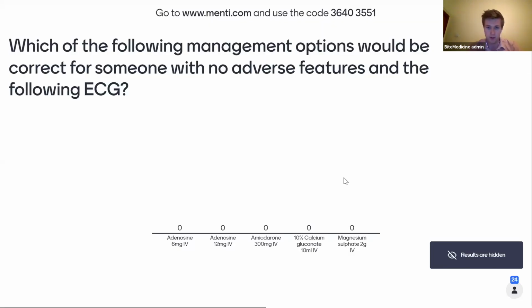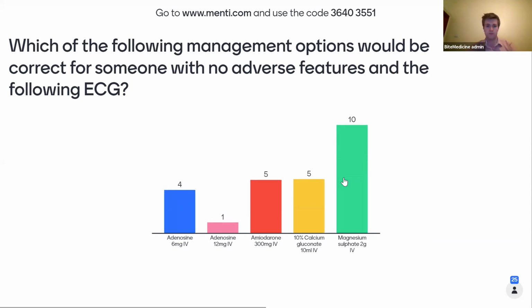So let's see what you guys are going for. Okay, so we've got a bit more of a split here. So 6 of you going for calcium gluconate, 13 for MagSulf, some of you using amiodarone again. So let's have a look what the correct answer is.